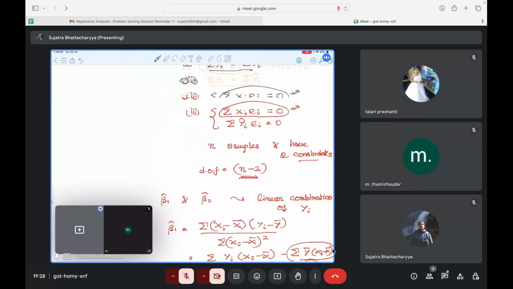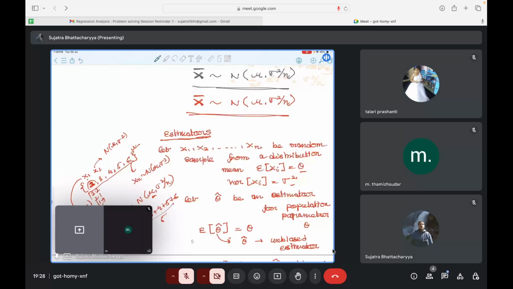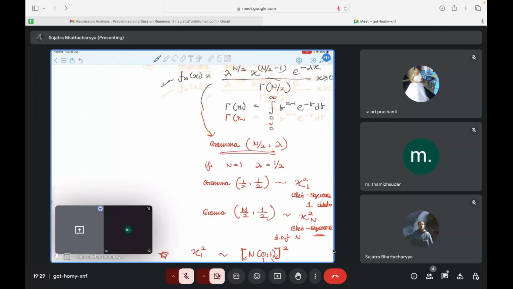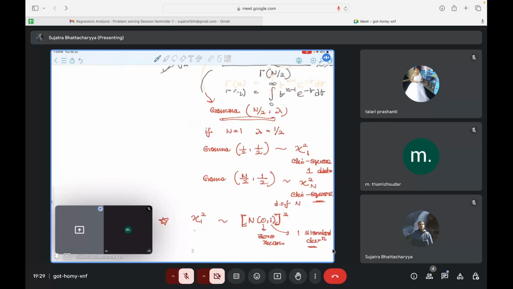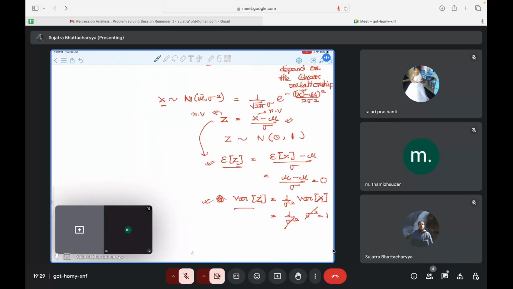Remember this part. Let me go back and show you. Here, x is normally distributed with mean mu and variance sigma square, and if z is written as x minus its mean divided by its standard deviation, then z is normal 0, 1.